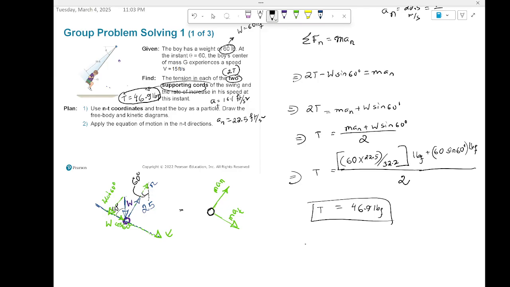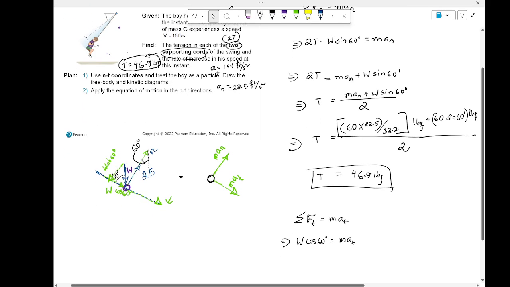So then you can write the other one should be sum of F_t, which would be equal to m a_t, and then along the T direction, it would be W cos 60 equals m a_t.